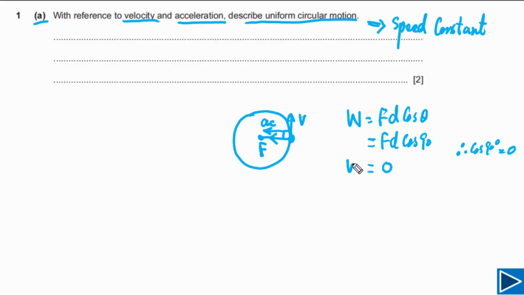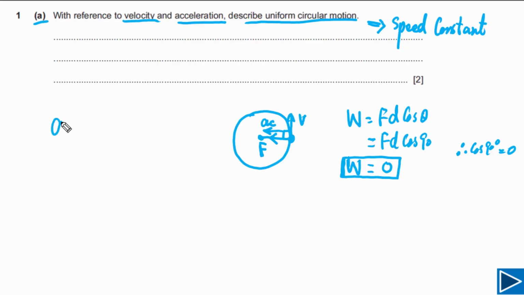If no work is done by the force on this body, there will be no change in the kinetic energy of the object. As there is no work done by the force, there is no change in kinetic energy. So that's the reason speed stays constant, and that is only possible if velocity and acceleration are perpendicular to each other.